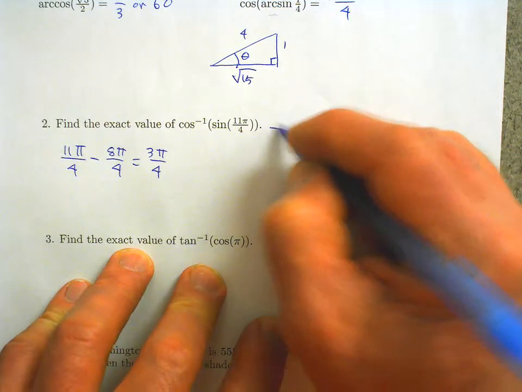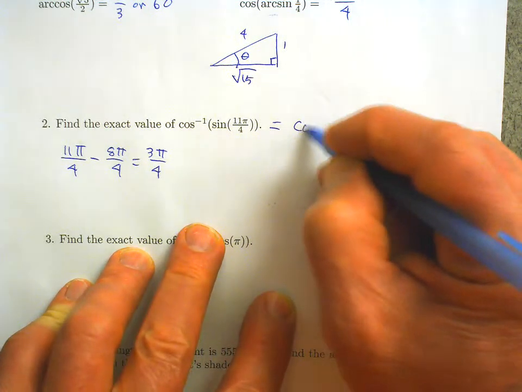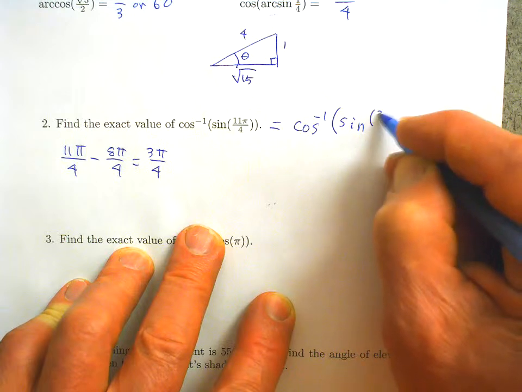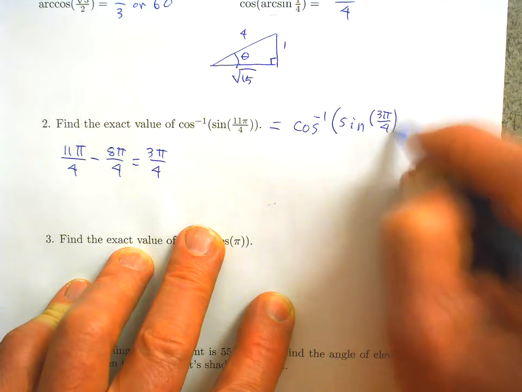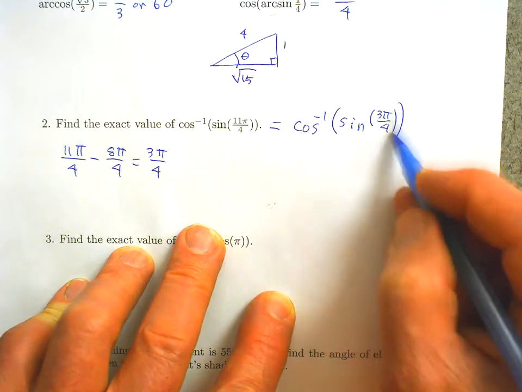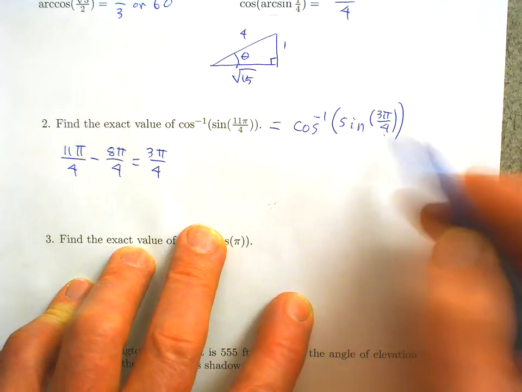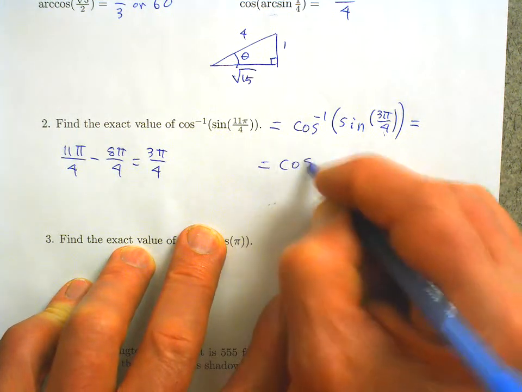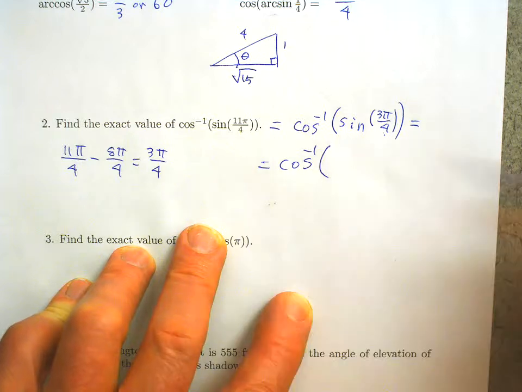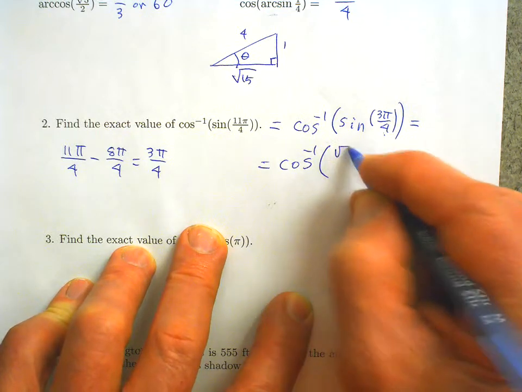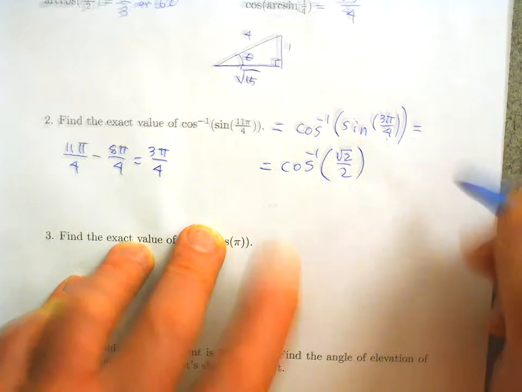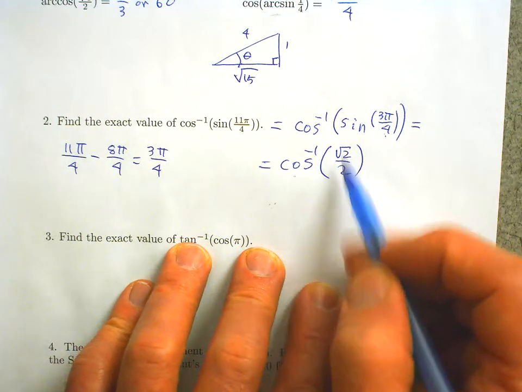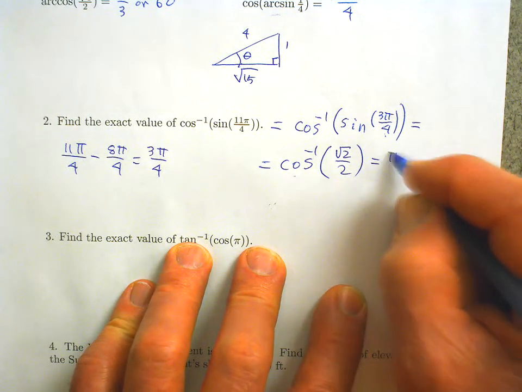So this should be equal to the inverse cosine of sine of 3 pi over 4. Sine of 3 pi over 4, that's in the second quadrant. So this is the angle whose cosine is the square root of 2 over 2. And the inverse cosine of the square root of 2 over 2 is pi over 4.